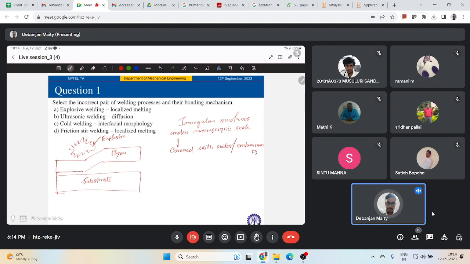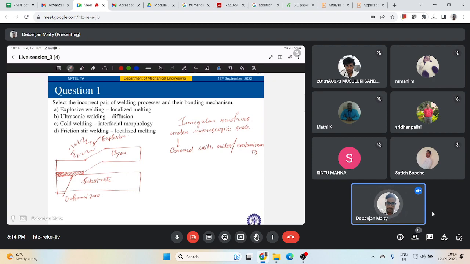And this is my deformed zone, right? This is what happens in explosive welding. It is a solid state joining process that uses explosive force to create a metallurgical bond between two metal components. The impact duration is so small that it can be considered a kind of adiabatic heat rise, right?